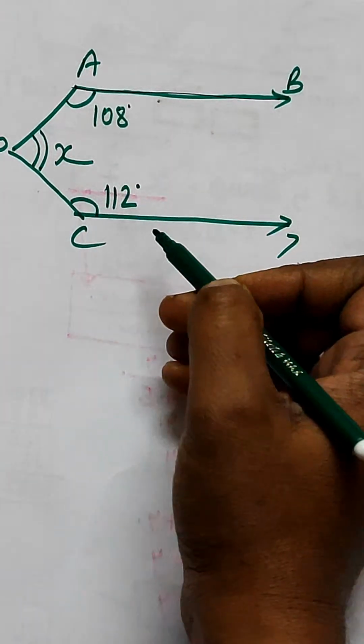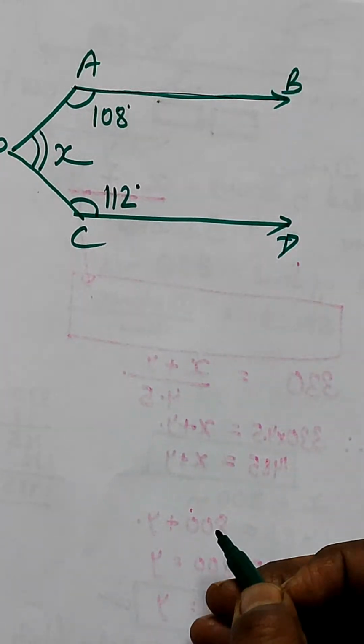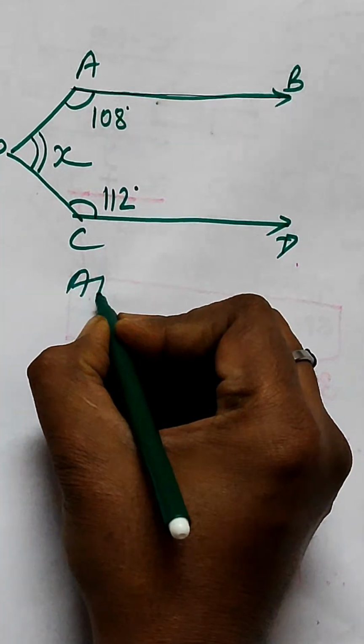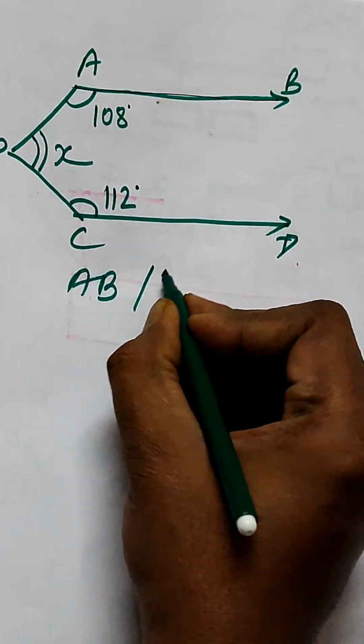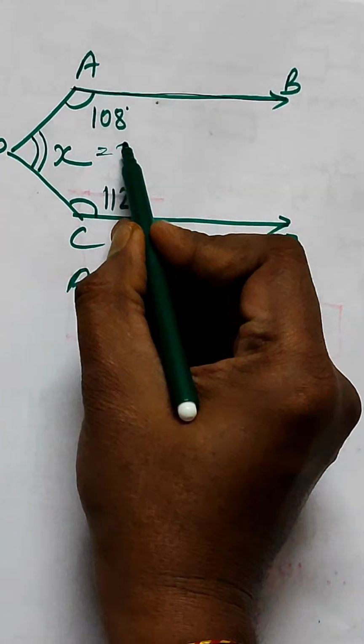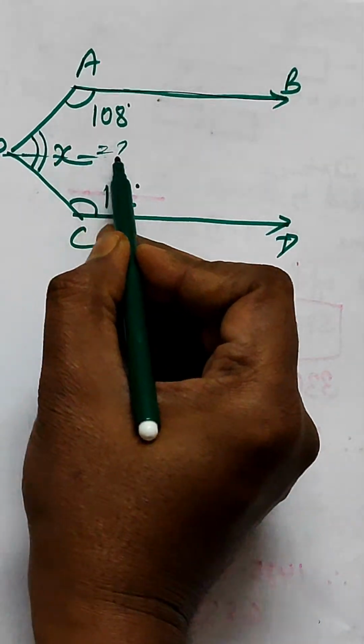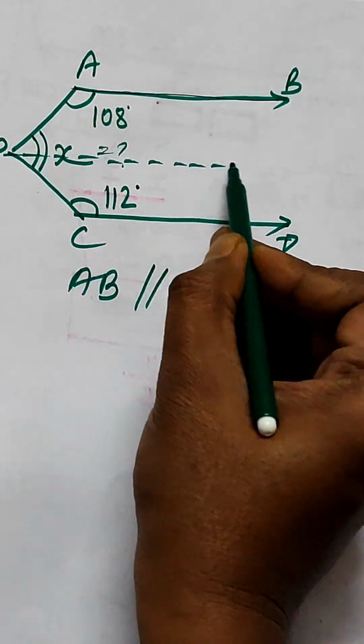Now in such questions, since AB is parallel to CD, we need to find the value of X. Here, draw a line from P which is parallel to AB and CD like this.